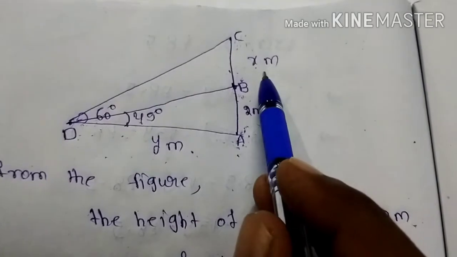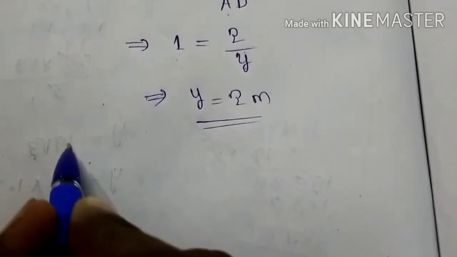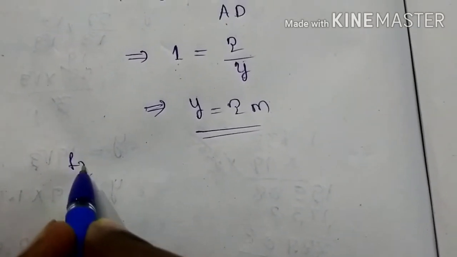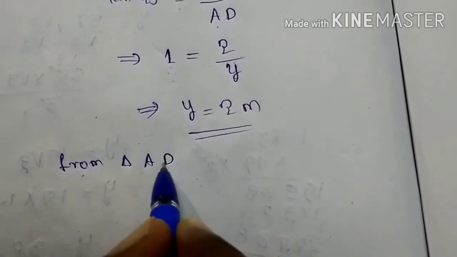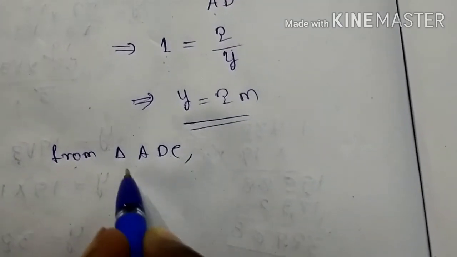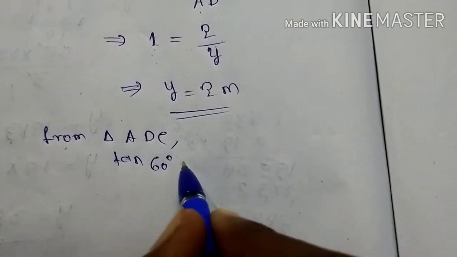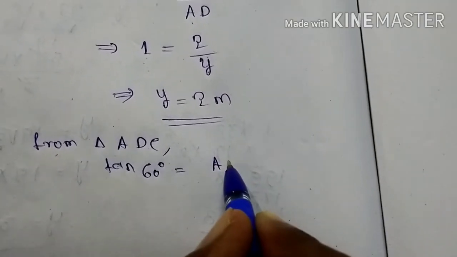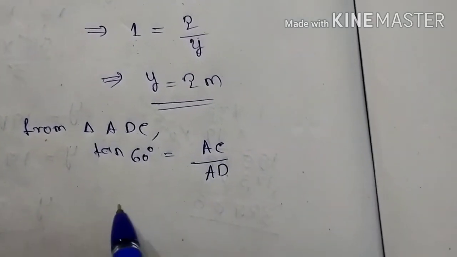Yes, that means 2 plus X. So from triangle ADC, tan 60 is equal to AC by AD.